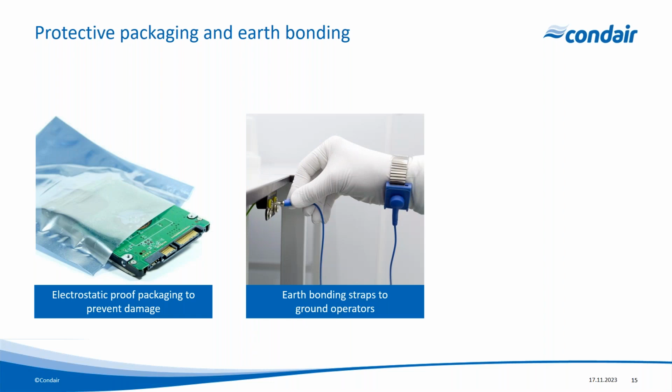It's quite common as well to use earth bonding straps for ground operators, so any static charge that builds up in the body or in the item is distributed to earth. But again, there are large limitations, because for it to be effective, the earth bonding has to be in place and it can only operate in a local environment.